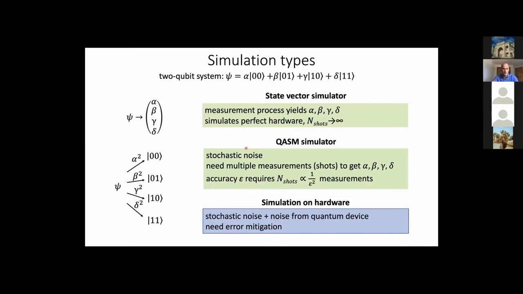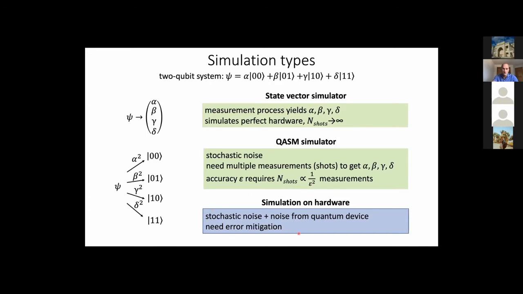On a QASM simulator, we get stochastic noise due to the probabilistic nature of quantum mechanics, where the wave function collapses to one of the possible states, and we need to run this multiple times. This is the expression for the number of shots, which is inversely proportional to the square of the accuracy that you want.